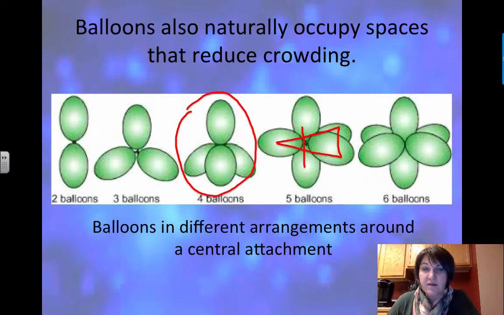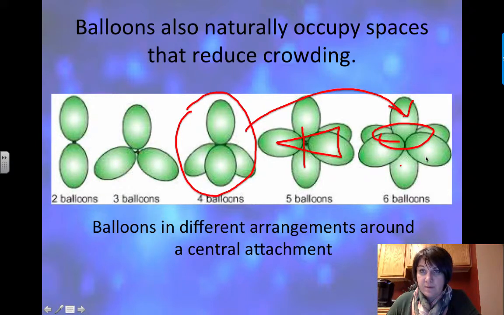So that is how five balloons would arrange themselves. The same would be true for five domains of electrons. And then if you have six balloons, then you would have like two tetrahedrons sort of smushed together, where we have the top and the bottom, and then the arrangement around the middle.